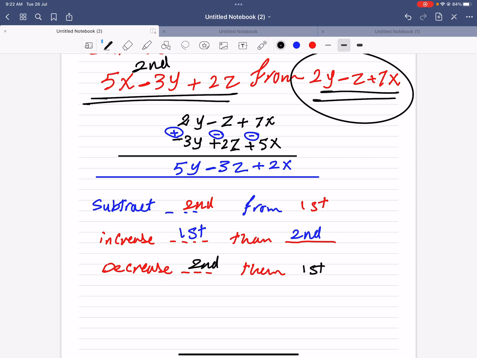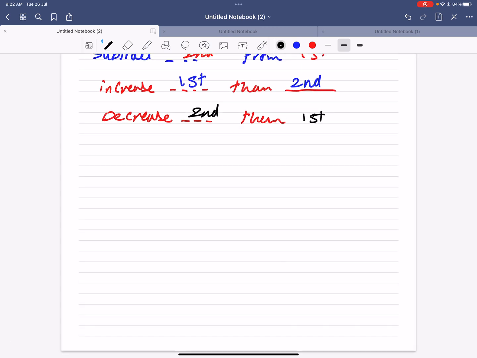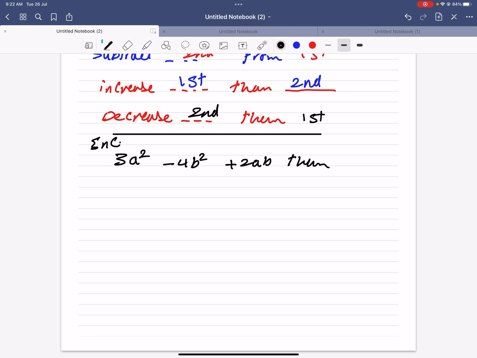طيب خلينا ناخد another example لأنه هو أصلا lesson سهل جدا. Maybe he asks you what is the increase of 3a power 2 negative 4b power 2 plus 2ab than increase by the way.